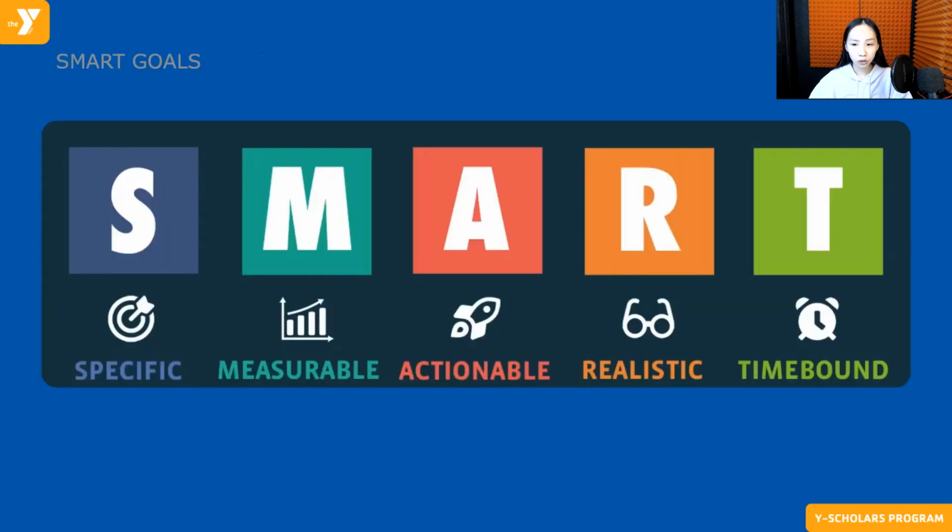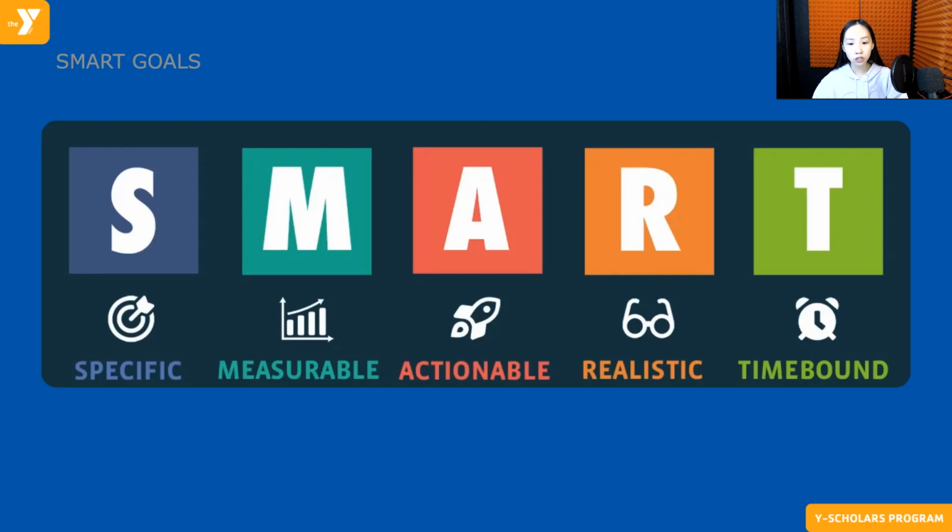So a SMART goal is specific, measurable, actionable, realistic, and time bound. To be a little bit more detailed about each one, specific is you have a very narrowed down goal and you know exactly what you want. Measurable is you know how to track your progress and you have a unit of measurement as to how far you've gone in your goal.